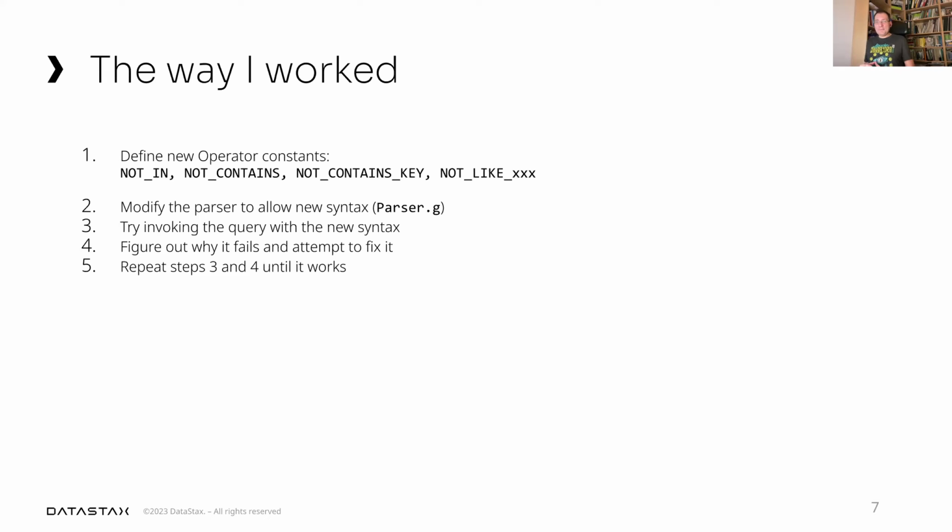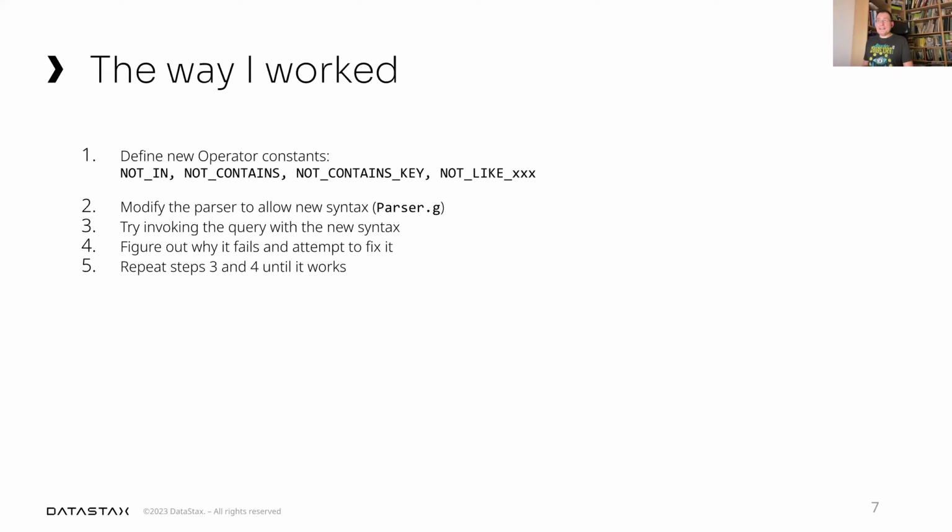The query parser and the query execution part is something that I had never touched before. So my way of working was, obviously, where the query starts is somewhere in the parser. The parser is the first thing invoked on the query to create an abstract syntax tree from it. So let's add the not operator support there.